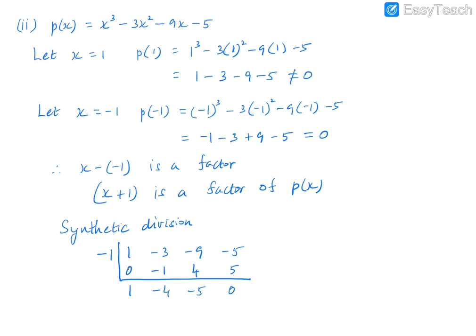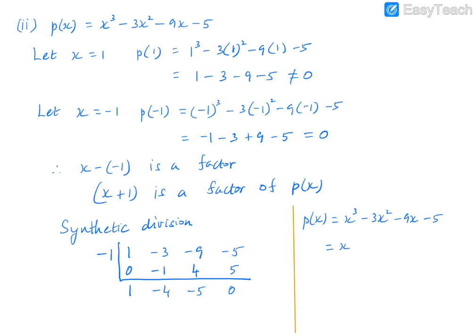So now we can say that our polynomial p of x, that is x cubed minus 3x squared minus 9x minus 5, is the product of its two factors.